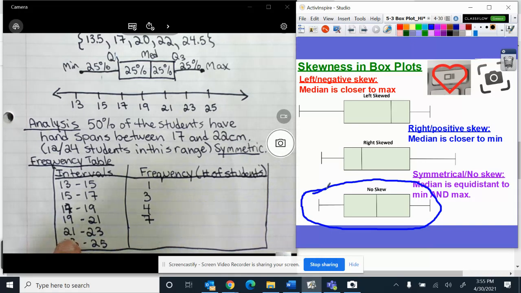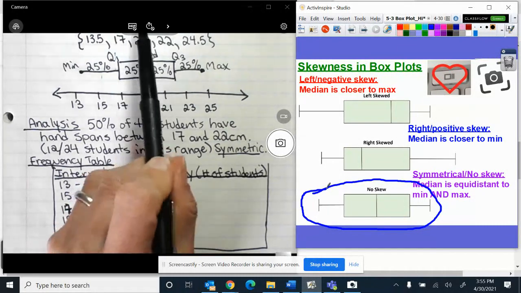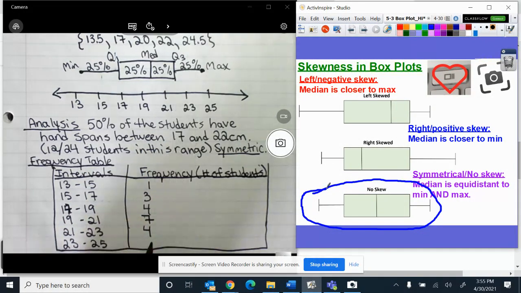And then from 21 to 23, there's 4. And then 23 to 25, we see 1, 2, 3, 4, and 5.